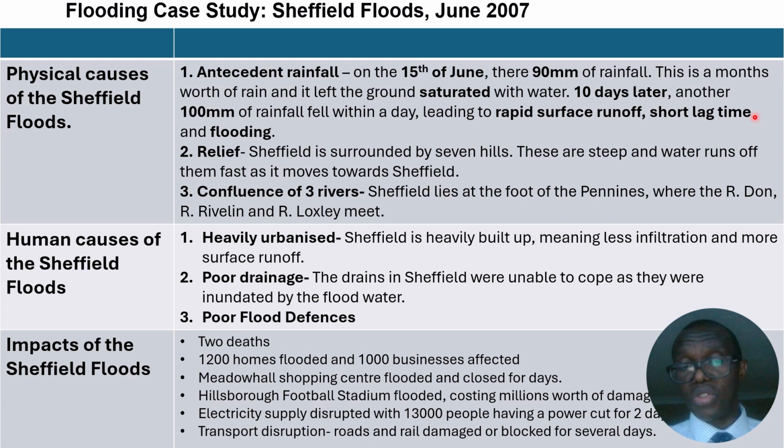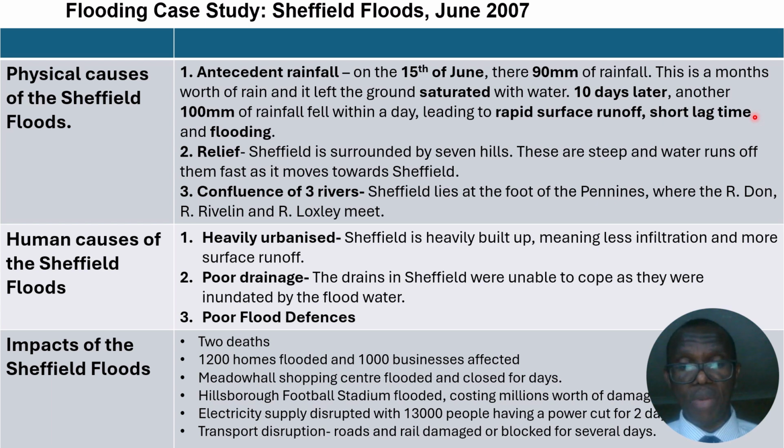As a result of having 3 different rivers converging here, there's a lot of water coming to meet in Sheffield and then following just one particular path. That increase in water from the 3 rivers obviously led to this particular area being at risk of flooding.